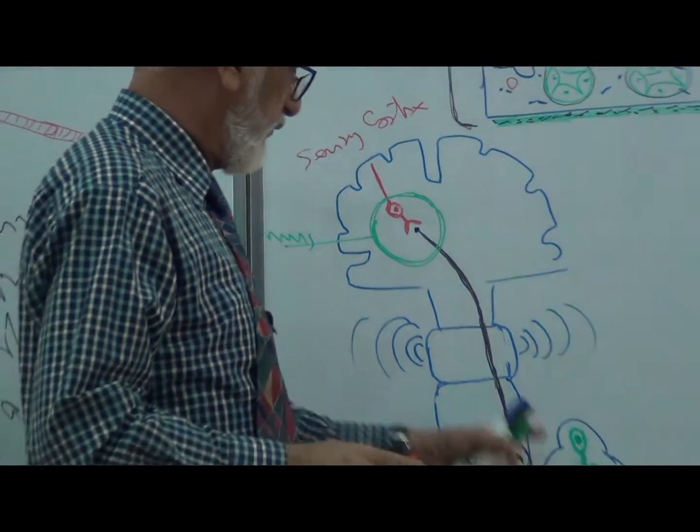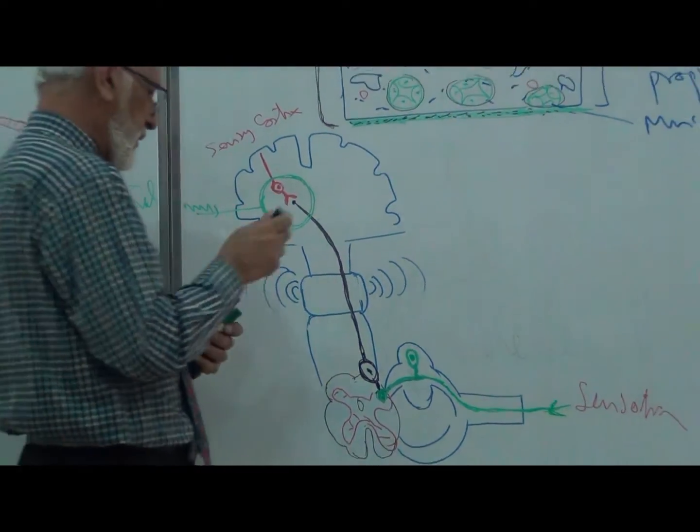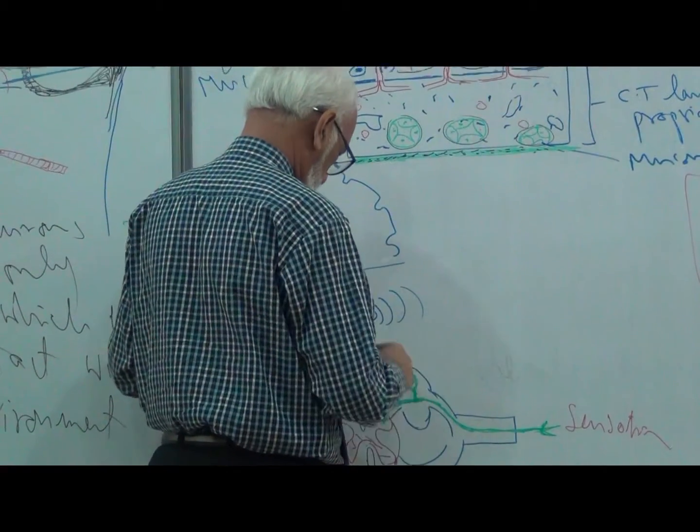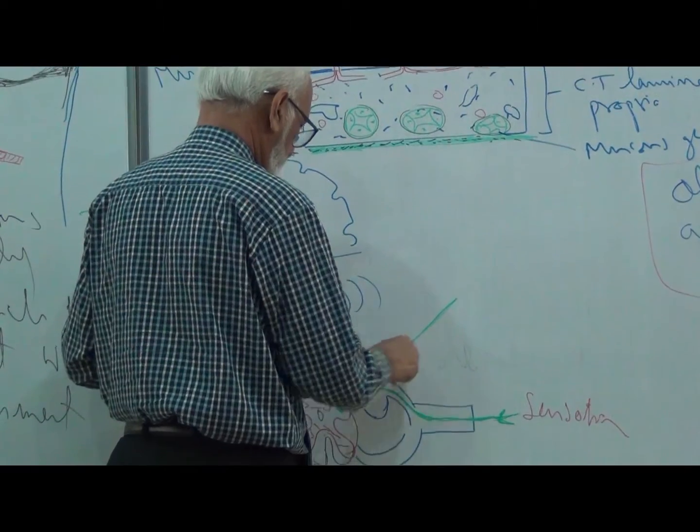Now, from the periphery to the sensory cortex, one can see that there are 3 neurons involved. This is the first order neuron.